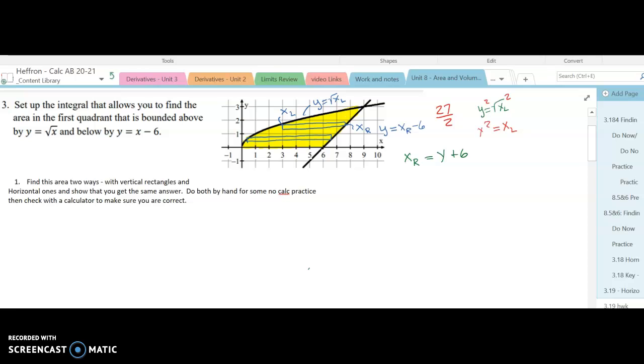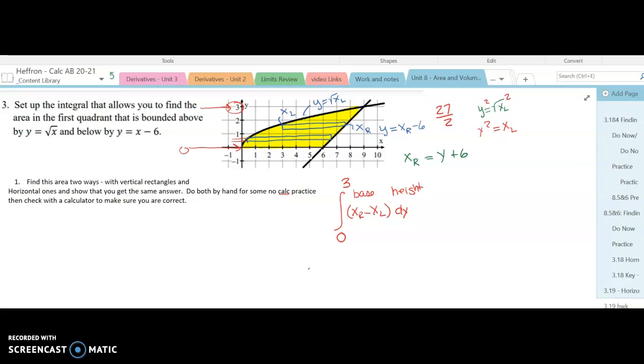So now as we think about this area, it will be the base of this rectangle, which is x on the right minus x on the left, times the height, which is very, very thin. It's measured in the y direction, dy. And we are going to start at the very bottom, 0, and end at the very top, 3. So those will be our limits of integration.